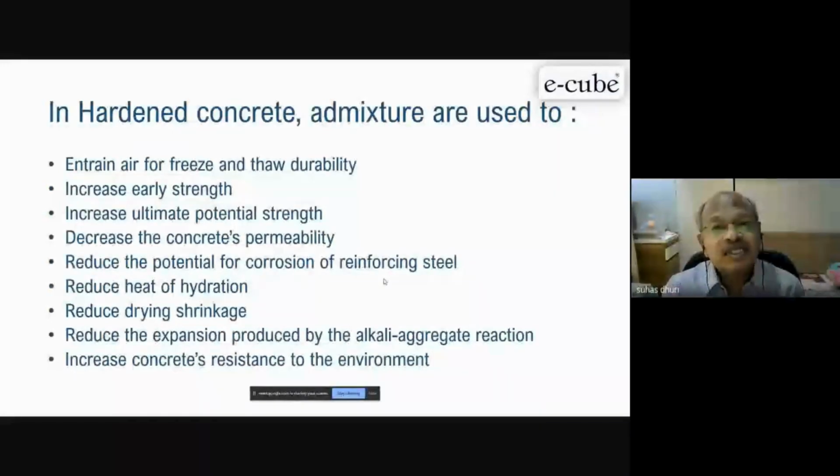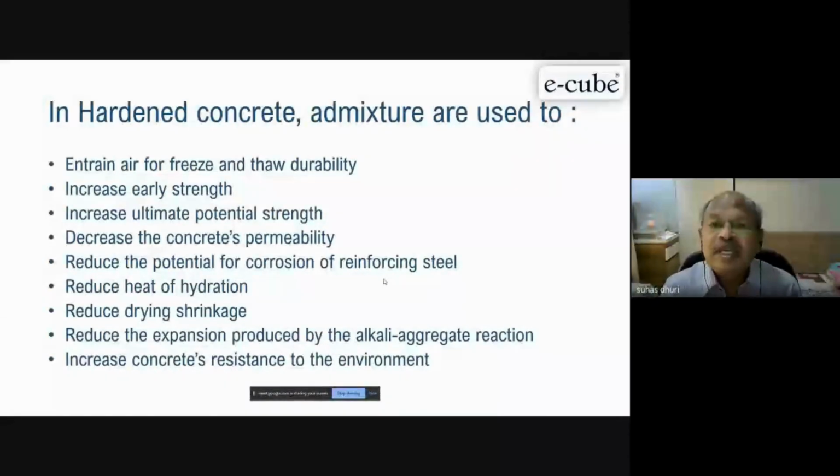Drying shrinkage: what is happening is in the same unit volume, your water evaporates and goes away. Now, once it goes away, concrete shrinks, because cement paste shrinks. Now, your aggregate is not allowed to shrink, because it is rigid in nature compared to the paste.